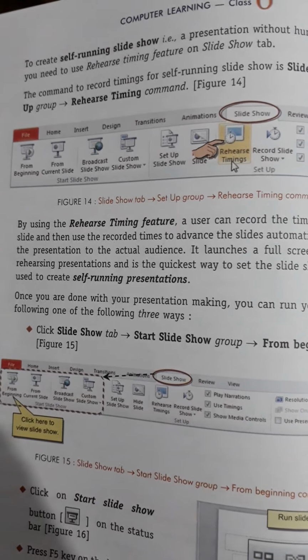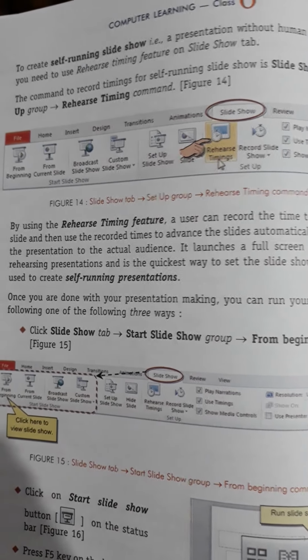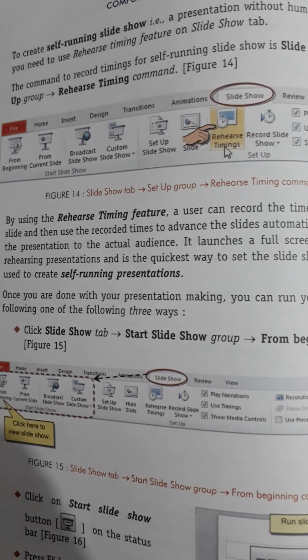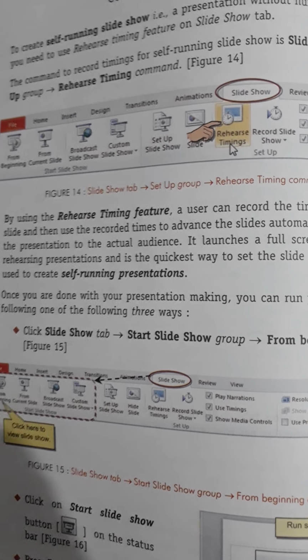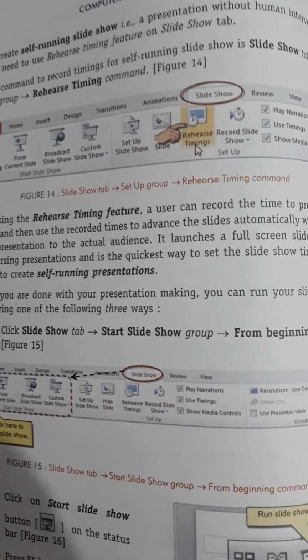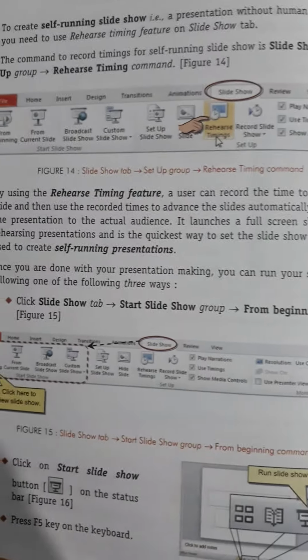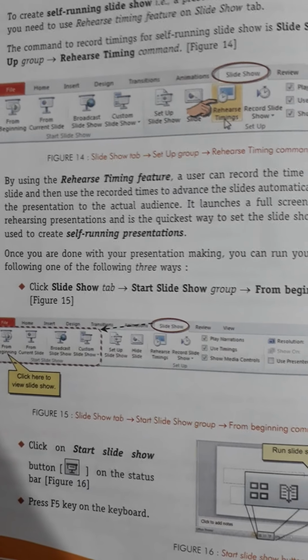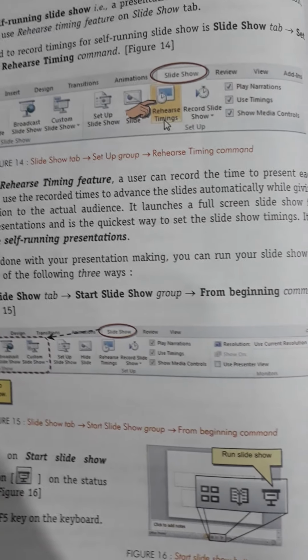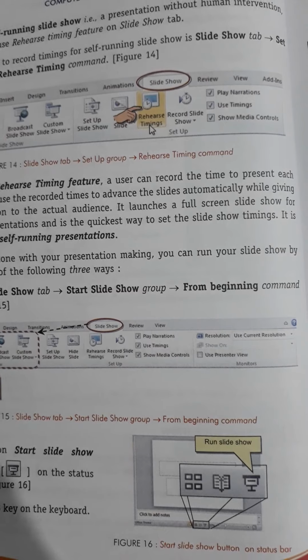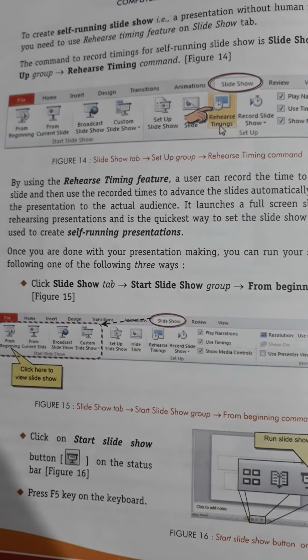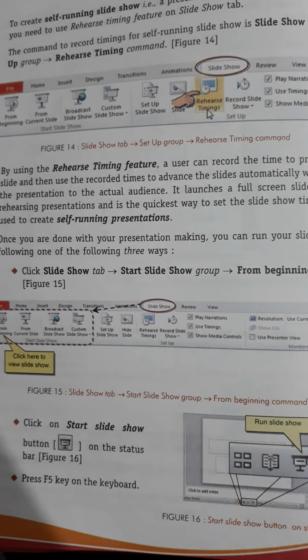By using the rehearse timing feature, we can record the time for each and every slide that will come on the screen. It launches a full screen slideshow for rehearsing the presentation and is the quickest way to set the slideshow timing. It is used to create a self-running presentation.